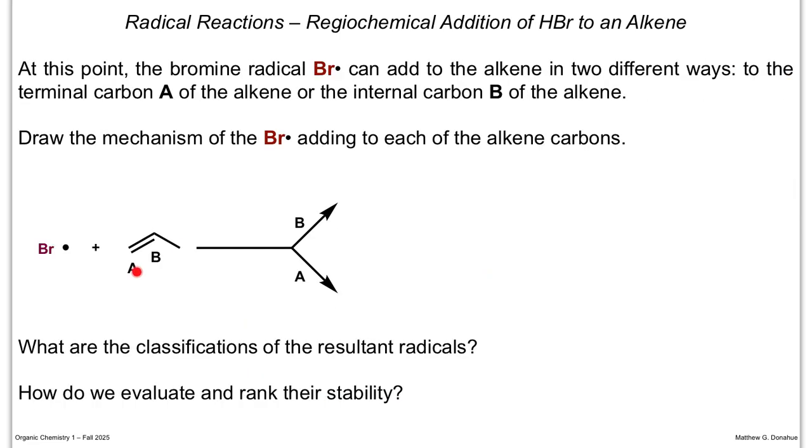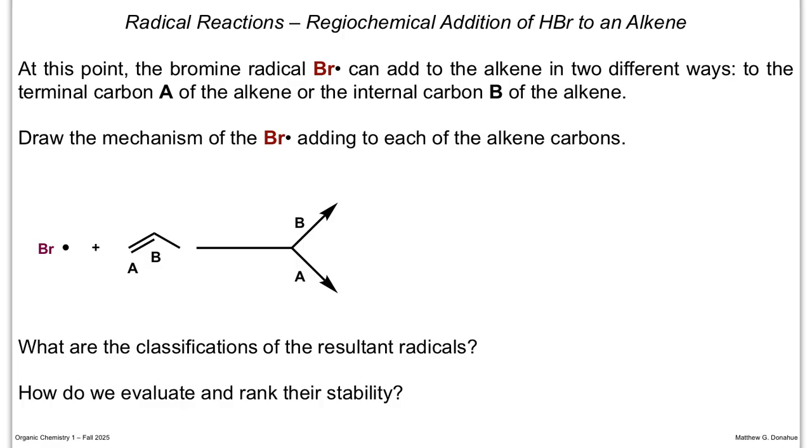And so there's propene, and I've labeled those carbons A and B. So at this point, the bromine has a choice. Can it add to carbon A or to carbon B? And so you'll notice that the arrow splits here, and we want to draw the reactive intermediates that form from both and then compare them.